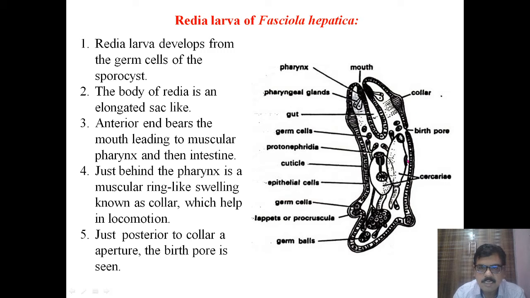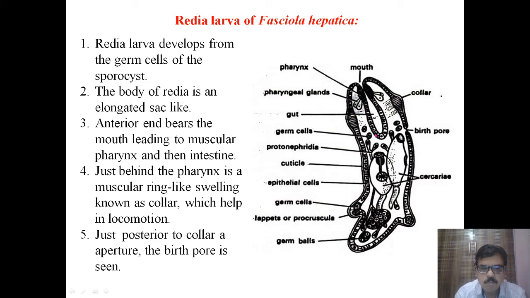Anterior end bears a mouth leading into the muscular pharynx and then to the intestine or the gut. Just behind the pharynx is a muscular ring-like swelling, called the collar, which helps in locomotion.